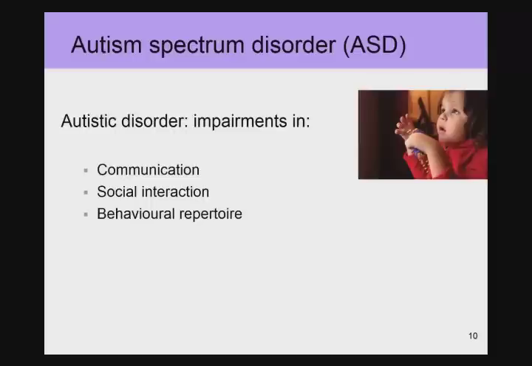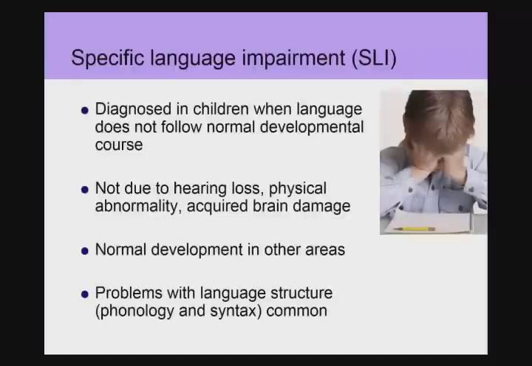I'm sure I probably don't need to tell this audience about autism. So autistic spectrum disorder, as it's now known, where you have impairments in communication and social interaction and behavioural repertoire. Whereas in specific language impairment, according to the textbooks, you have language not developing as normal, and you exclude cases where there's an obvious cause, like hearing loss or physical abnormality, acquired brain damage.